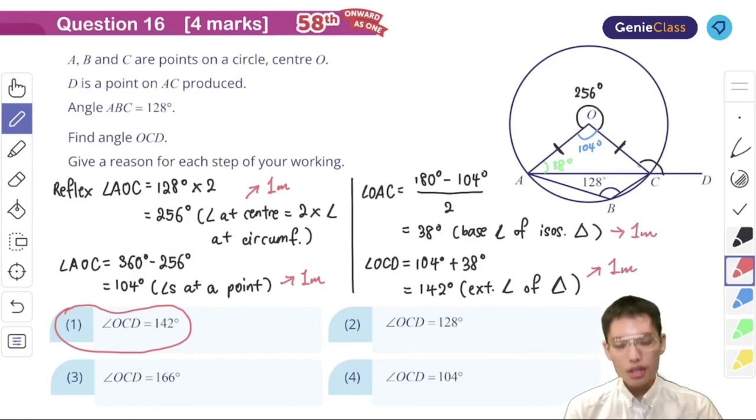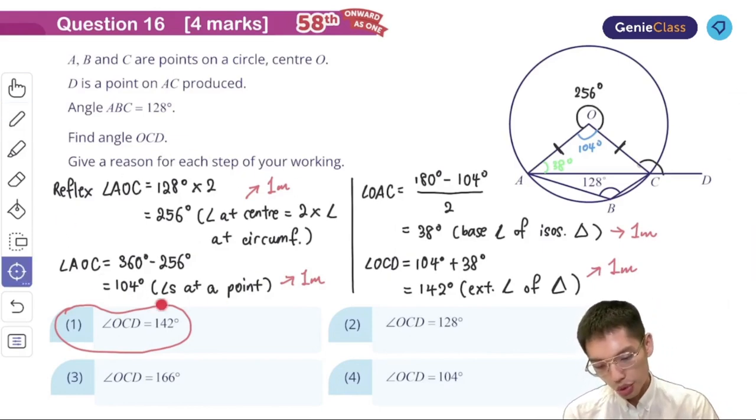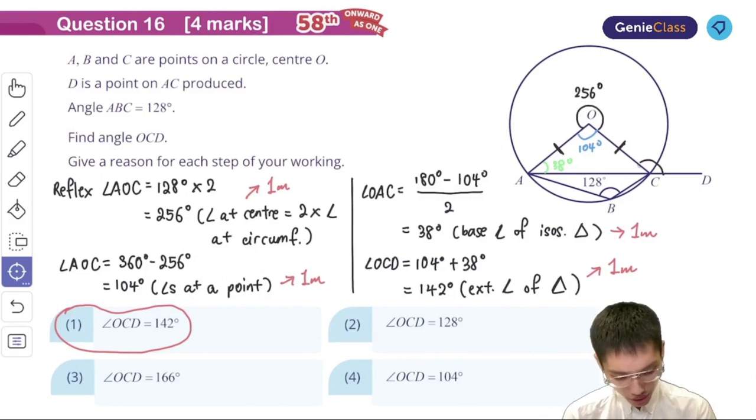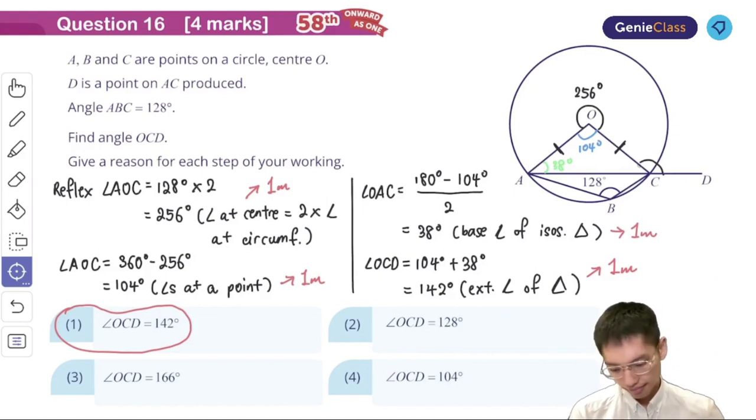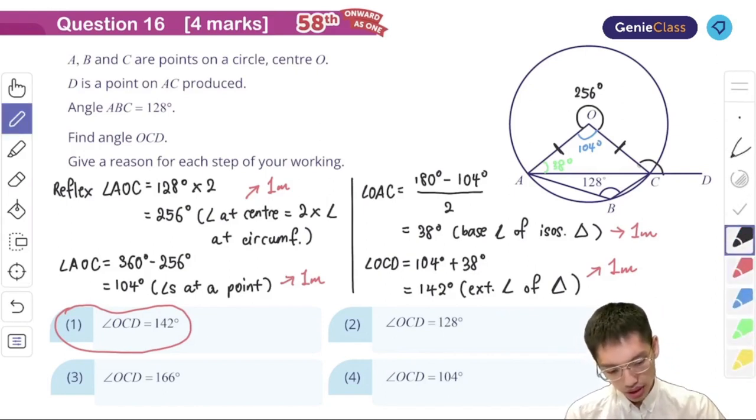Now, besides following this way, is there another way? The first two steps are standard because you're only given this here. But for the next 2 steps, is there another way besides using the external angle of a triangle? Does anybody want to try? Think about it.